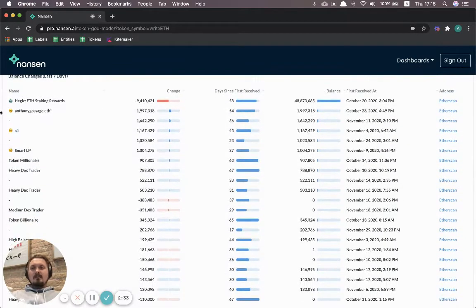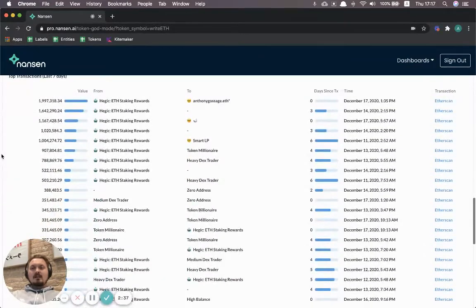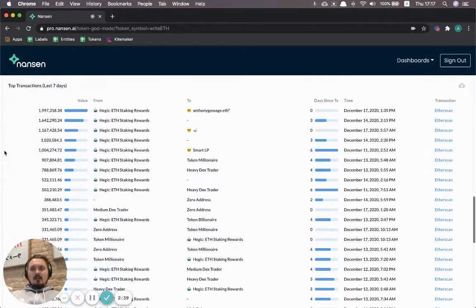And so you can see balance changes, and you can also see top transactions. And let's just start here, because already there's something interesting going on here. So this shows the largest transactions of rHEGIC. And you can see there's a similar thing going on here among all the top transactions.